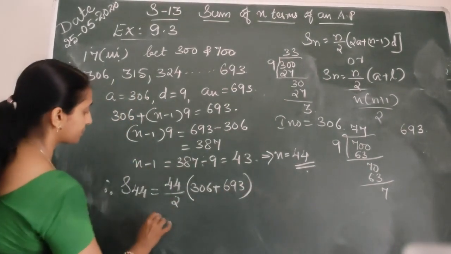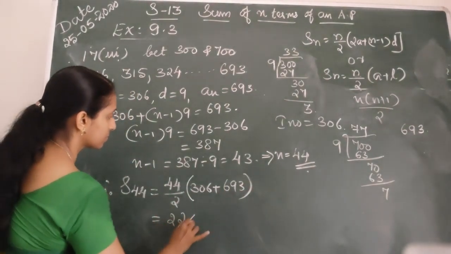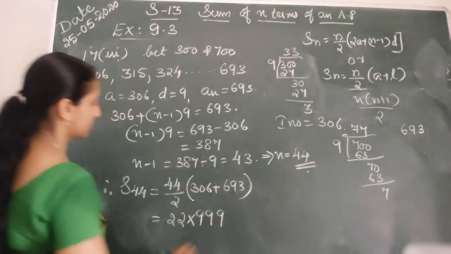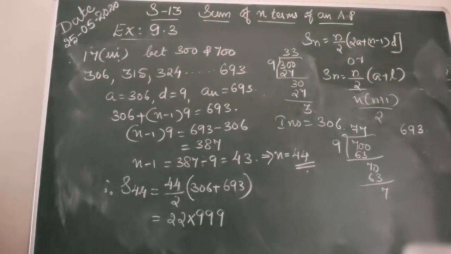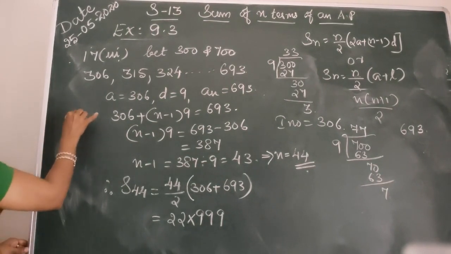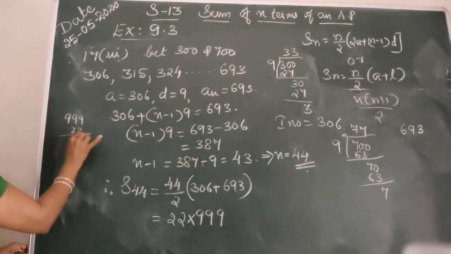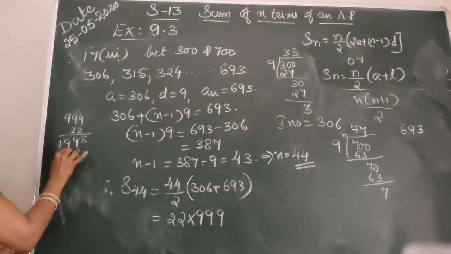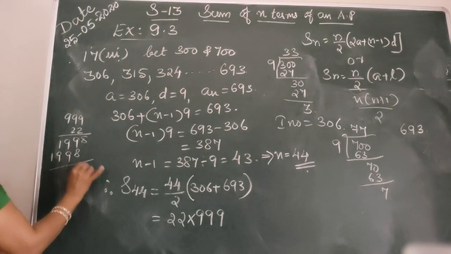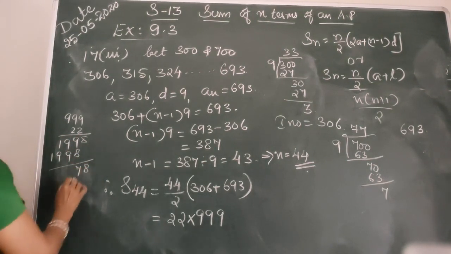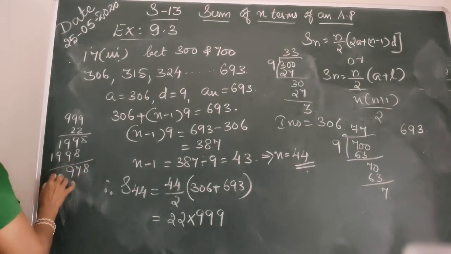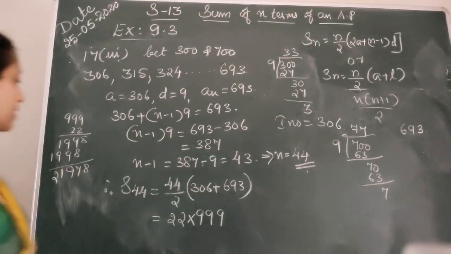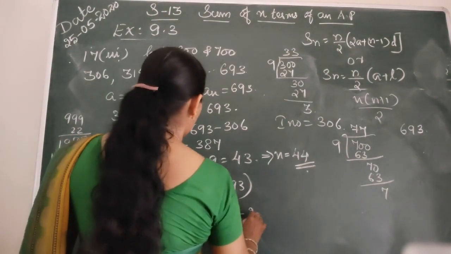Find out. 999 into 22, 20 you can take. The answer is 21978. Write down.